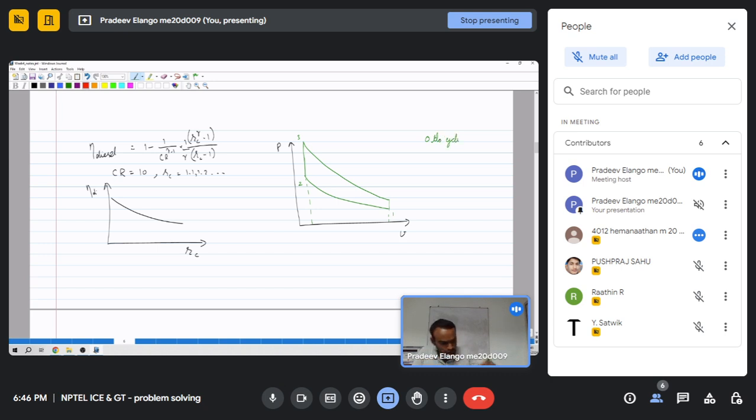Now I will draw the red diesel cycle. Say RC is 2. The compression is the same from 1 to 2, and the compression process will keep on going till RC, which is V3 by V2, right? V2 is 2.